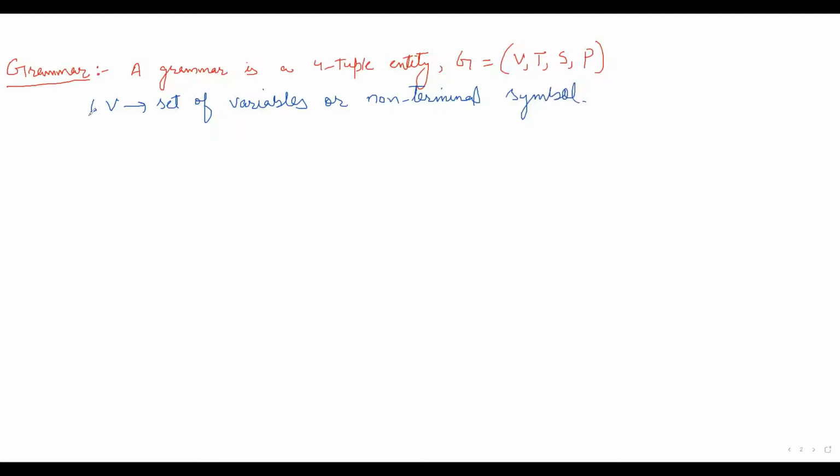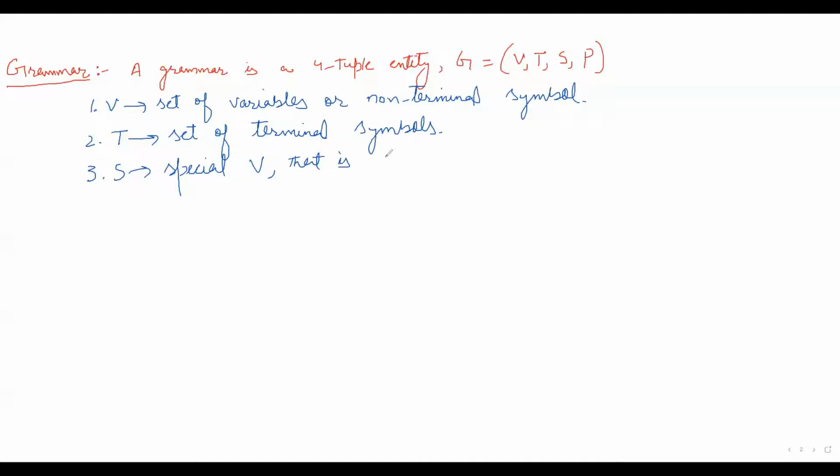Okay. And second is T. What is T? Set of terminal symbols. Okay. And third is S. S is a special non-terminal symbol, meaning it belongs to V. That is called a start symbol.